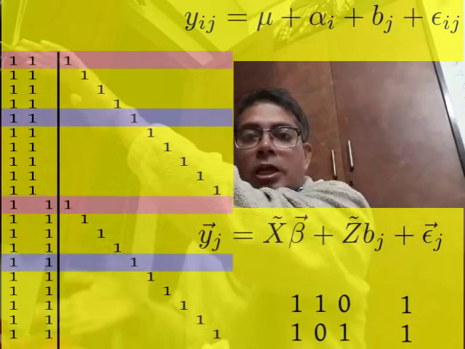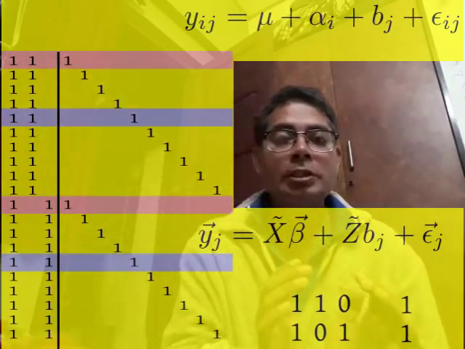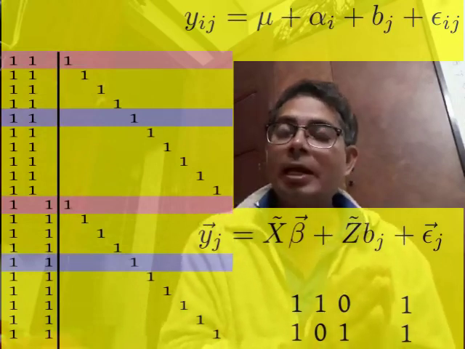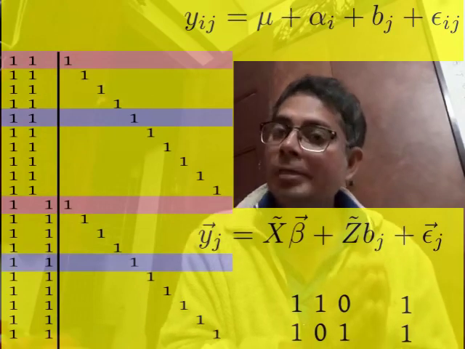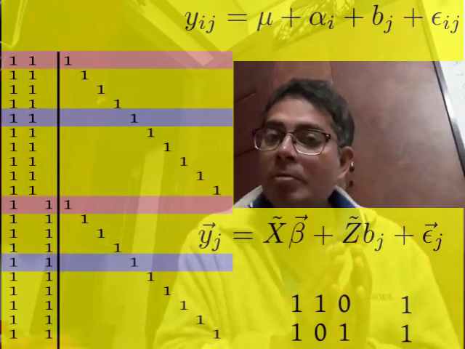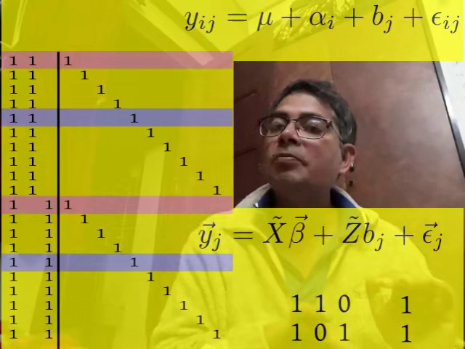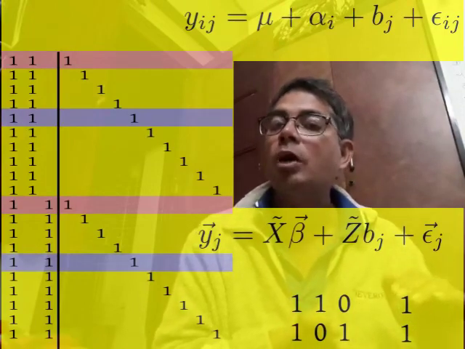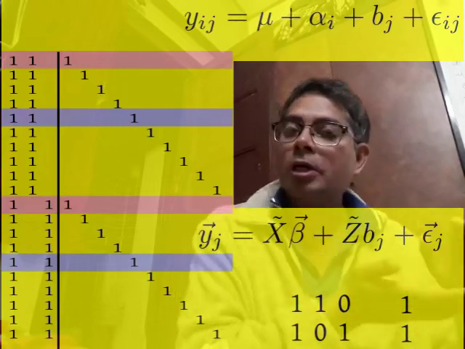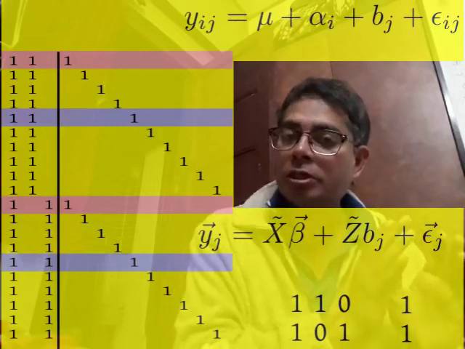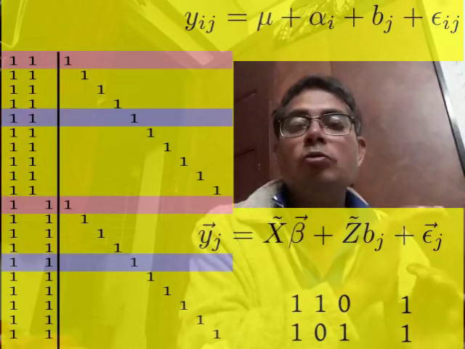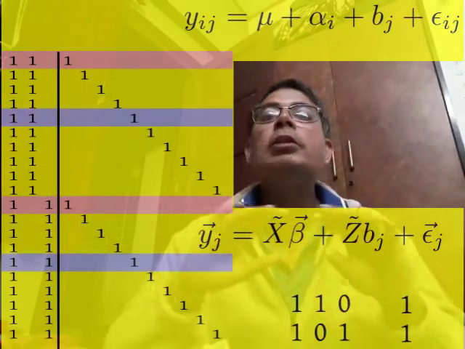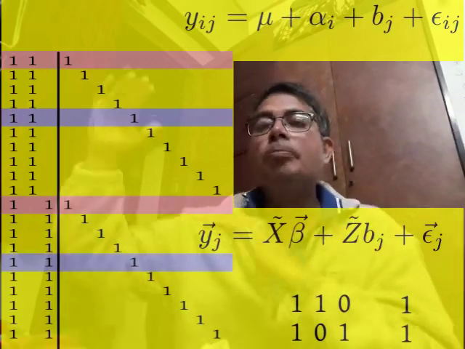This was my original x. My x tilde is only this little small thing. Then you will have only bj, not the entire b vector, only bj. And it will be multiplied by something which is again free of j, which I have called z tilde. In our case, it is simply 1, 1. And then the corresponding error vector, restricted to only the case where we have the subscript j. So we are always bound to have this thing.